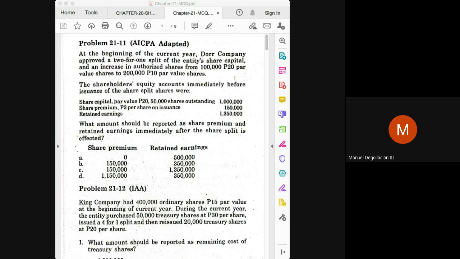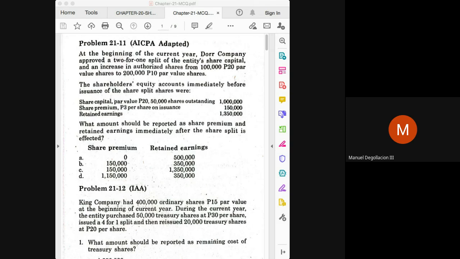It is simply the number of shares and the individual par value that will be affected. For split down, it's the opposite of a split up. In a split down, you will be decreasing the number of shares and consequently increasing the par value. In a split up, you are increasing the number of shares and decreasing the par value per share.